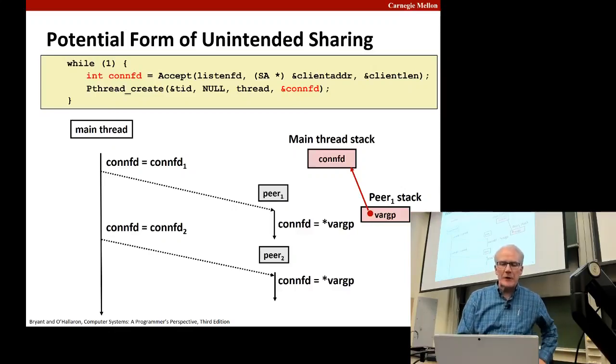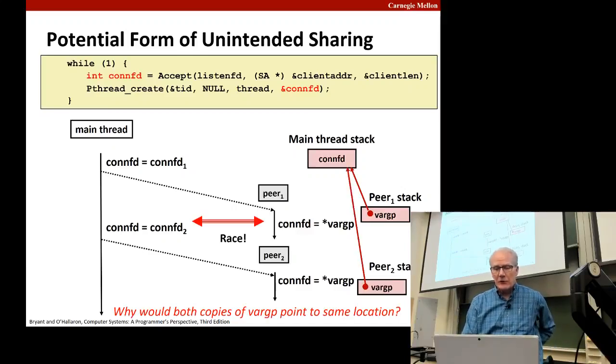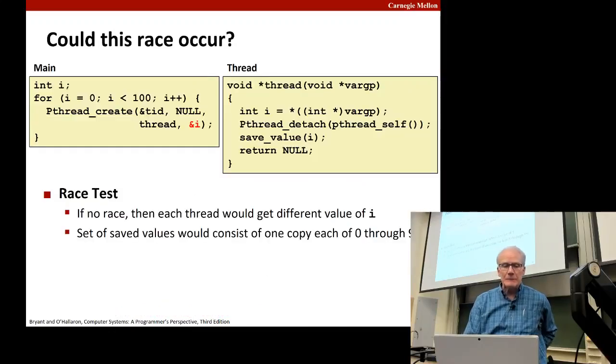So just to demo it, you'd have to work pretty hard to create that particular race in this code. But just to show you, the same idea is in some very simplified code that does basically the same thing.